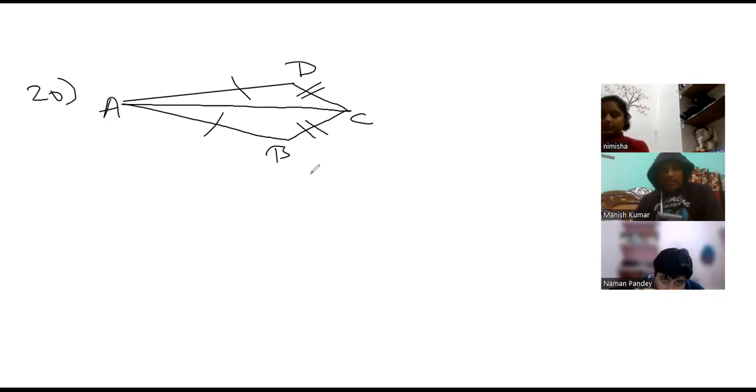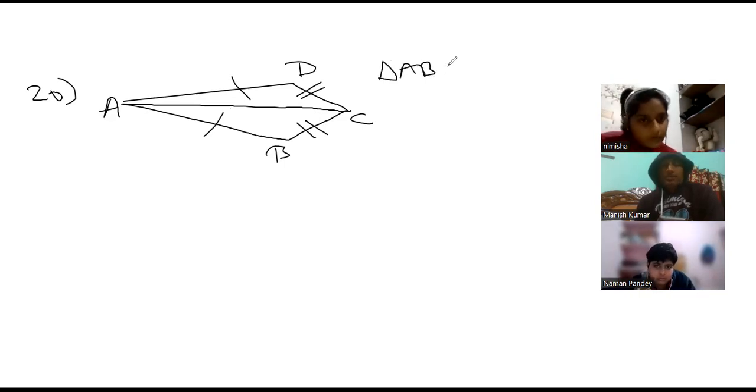Then, will the triangles be congruent? Is triangle ABC congruent to triangle ADC?